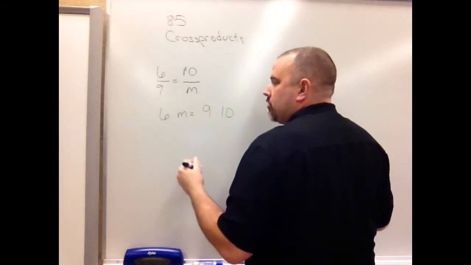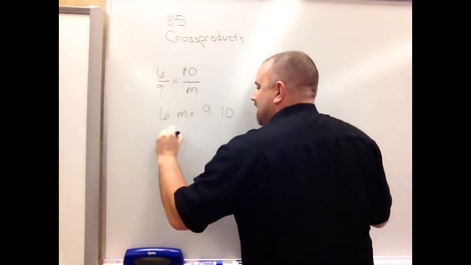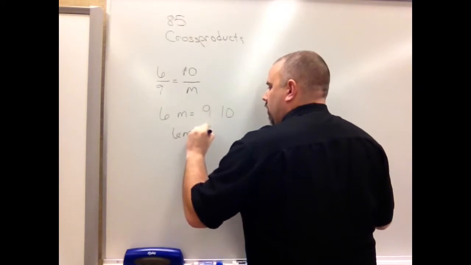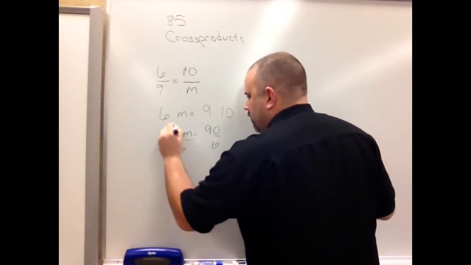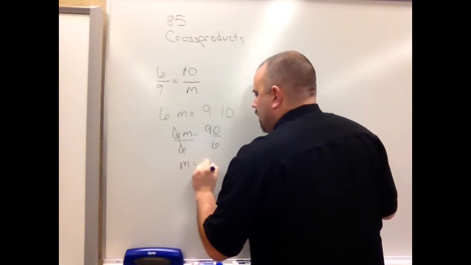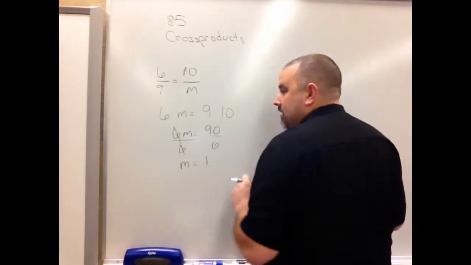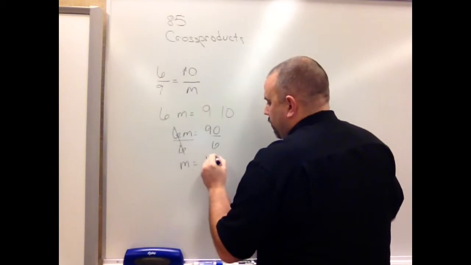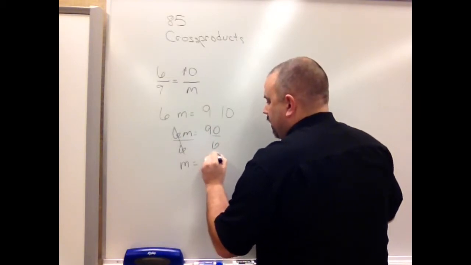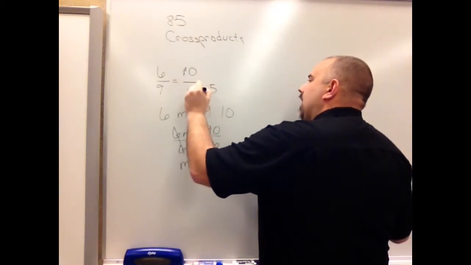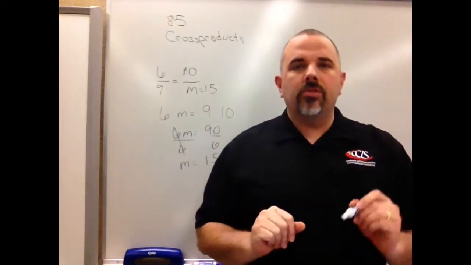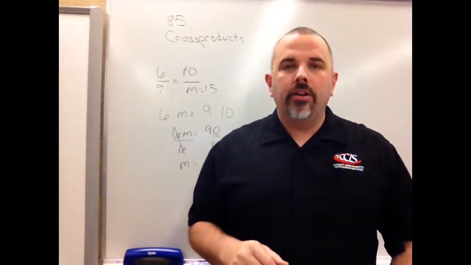So let's put this into an algebraic equation. 6m is equal to 90. Divide each side by 6. That crosses out, so we have m is equal to, how many 6's are in 90? We have 15, so m in this case is equal to 15. So that's how we can use cross products to find an unknown number.